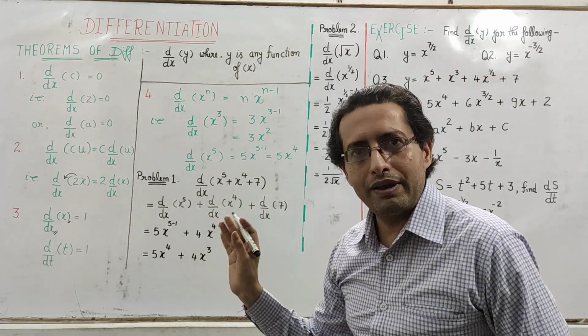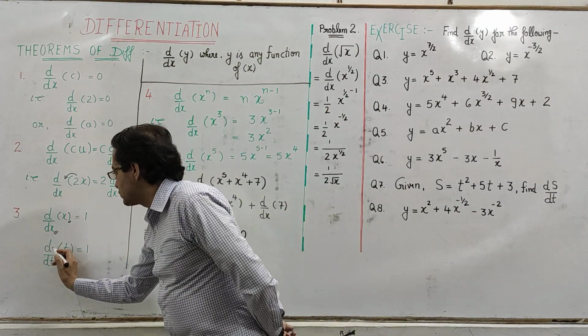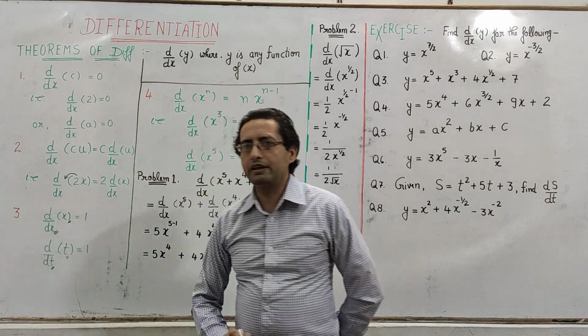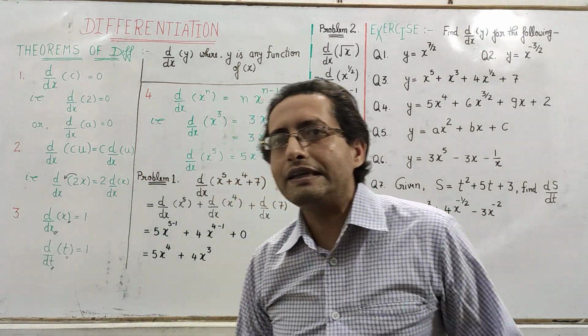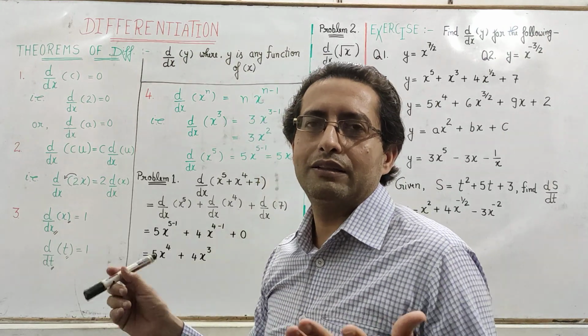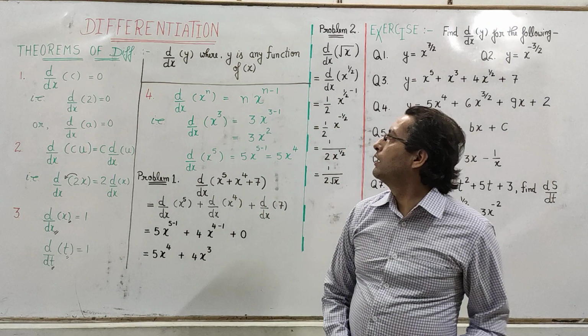It can also be made clear with another example, d over dt. T is here and T is also here, so when t is differentiated with respect to t, the differentiation becomes 1 again.